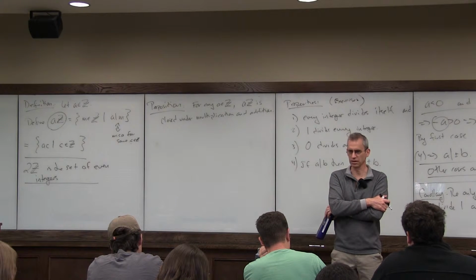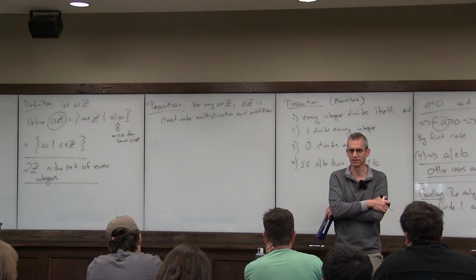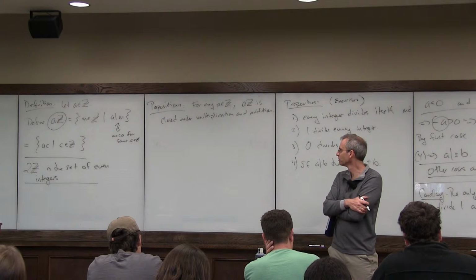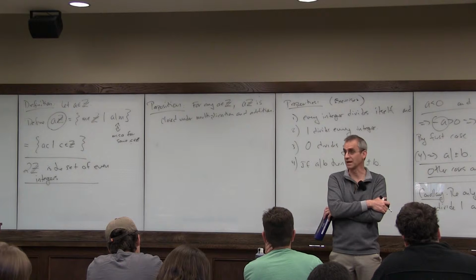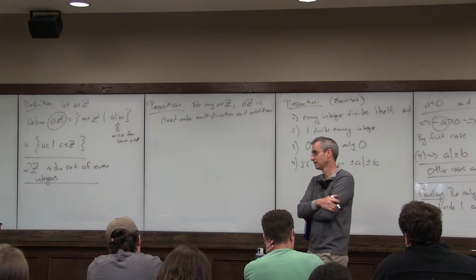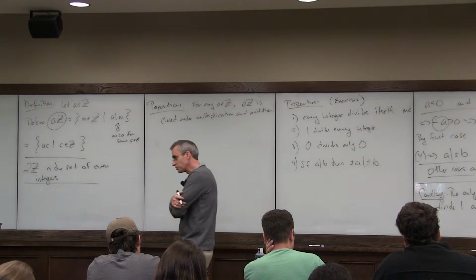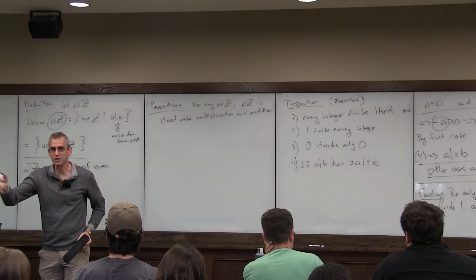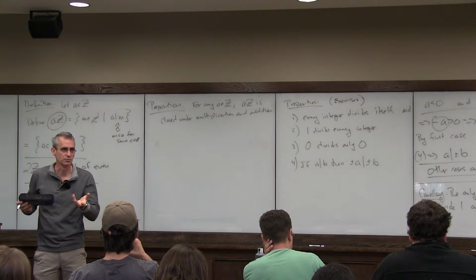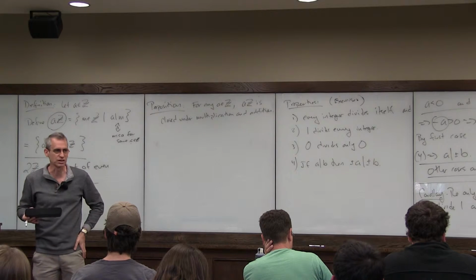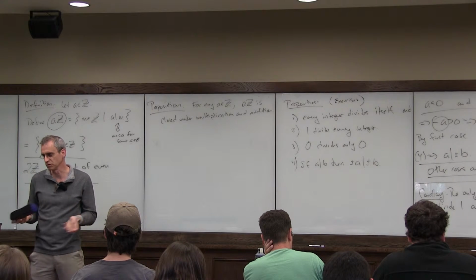But if you've had matrix algebra, then you've already done this, right? Unless you had a lousy course in matrix algebra, you have shown that something is a vector subspace. So a vector space is another one of these abstract algebraic objects where you have an addition and you have scalar multiplication, but you can't multiply vectors, at least in general. I mean, you can do it in some special cases.